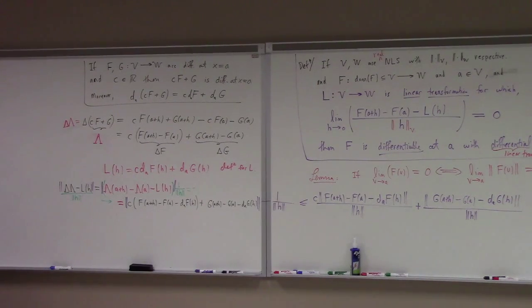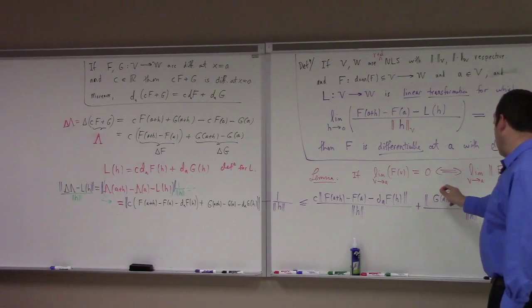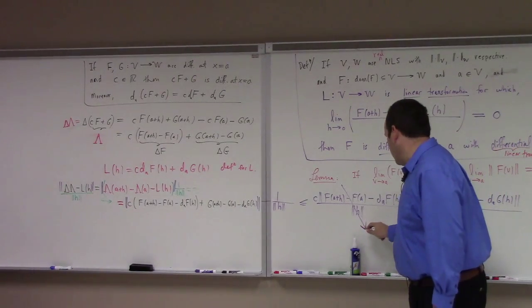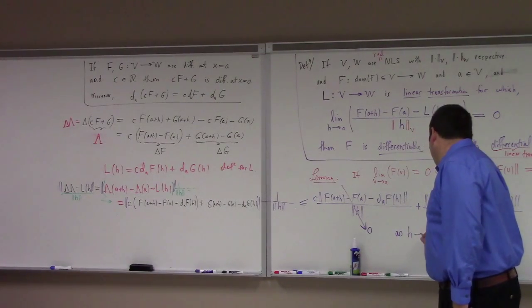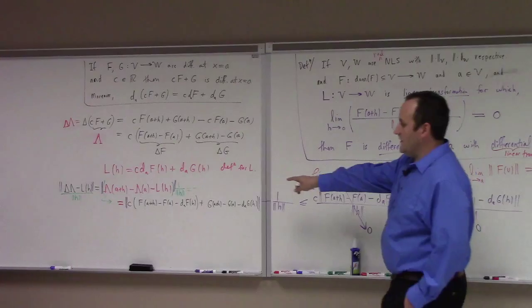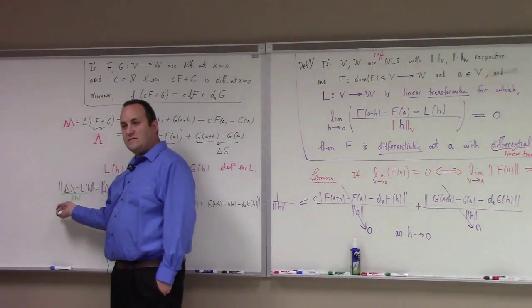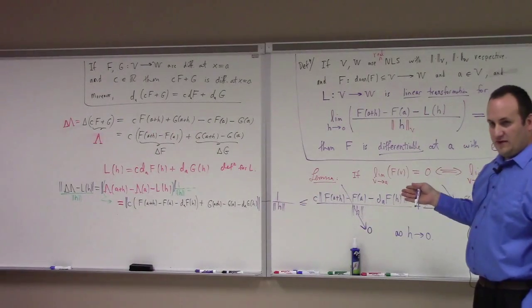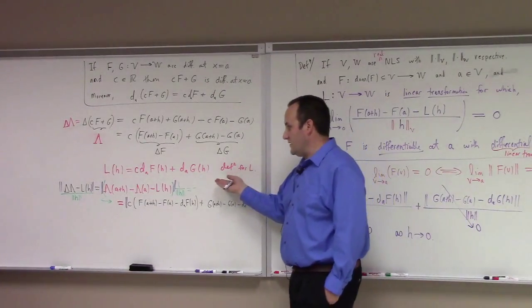I'm assuming here that f and g are differentiable at a, which means that this goes to 0 and this goes to 0 separately as h goes to 0, right? Which goes to show you that the change in lambda minus the proposed linearization is going to 0 as h goes to 0, which then proves, in fact, that my definition for L was justified.